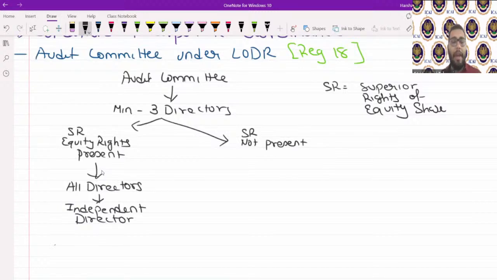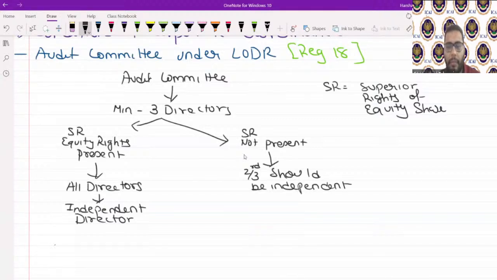Now I'm saying that if SR equity rights are present in the company, then all directors which are part of the audit committee should be independent. If SR equity rights are not present, then 2/3 should be independent directors. Clear? If SR present, then full. If SR not present, then 2/3 directors should be independent.